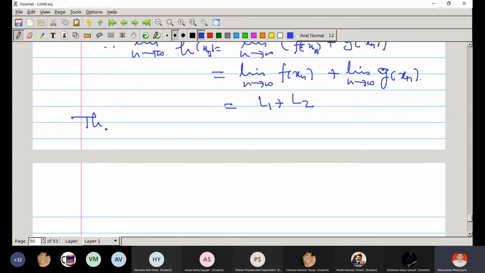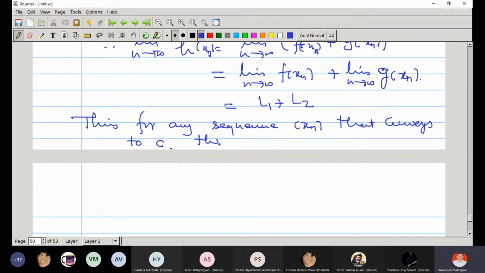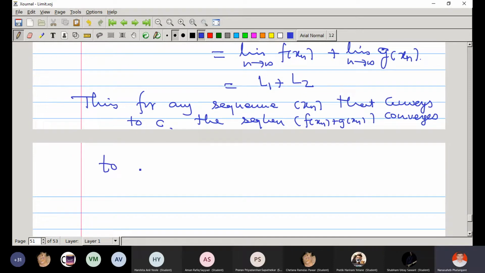So what is the conclusion? For any sequence xn that converges to c, the sequence f(xn) plus g(xn) converges to L1 plus L2.